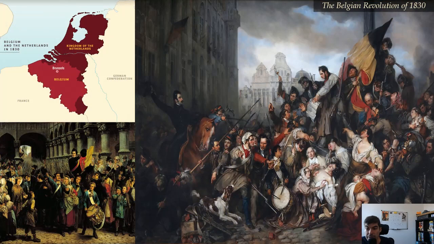Here you have some pictures of the Belgian Revolution and the territory that was divided. This was the Kingdom of the Netherlands, and this territory of modern Belgium was the one that formed the newly created Kingdom of Belgium.